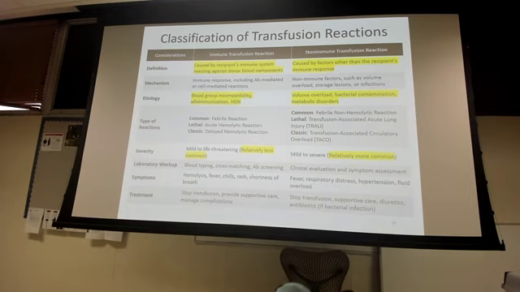But I will test you on non-immune transfusion reactions, all right? This is caused by factors other than the recipient's immune response. A lot of times in those non-immune transfusion reactions, it's usually just overload. They received too much product or they got it too fast, and then the body just reacts negatively. A lot of times too, there may be some type of bacterial infection from those units, or the patient has metabolic disorders, okay?